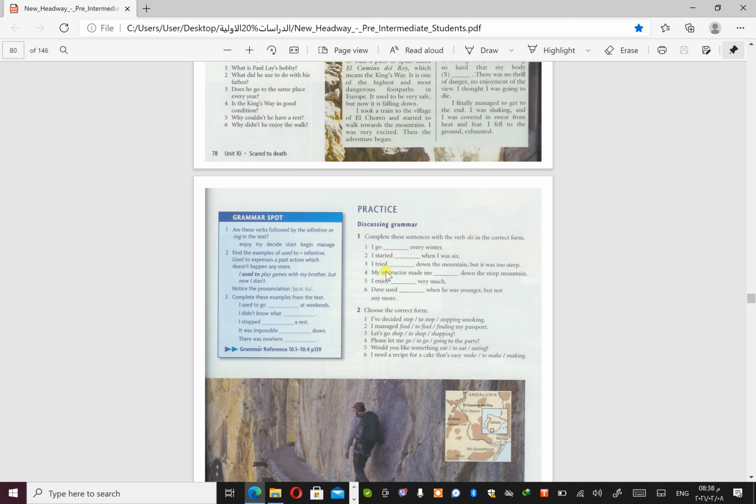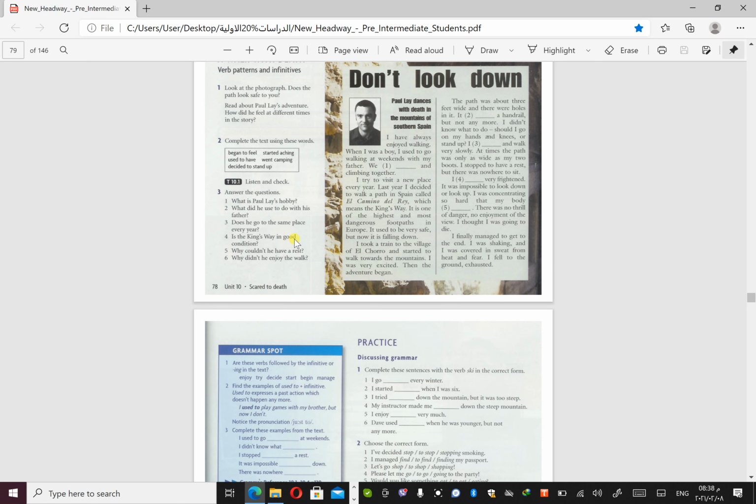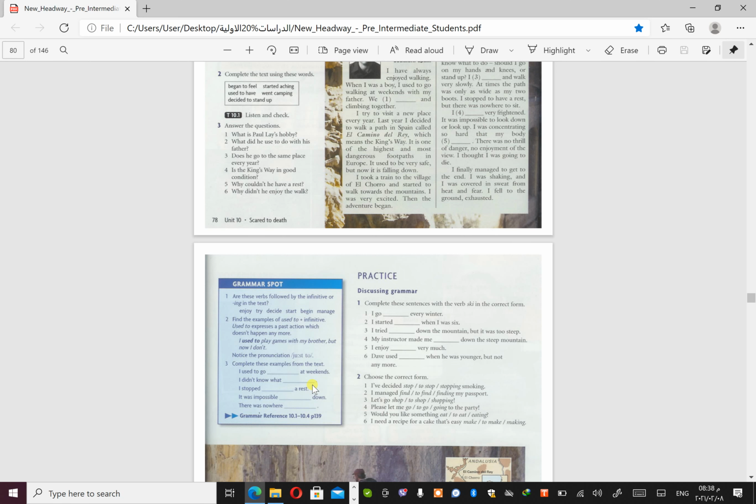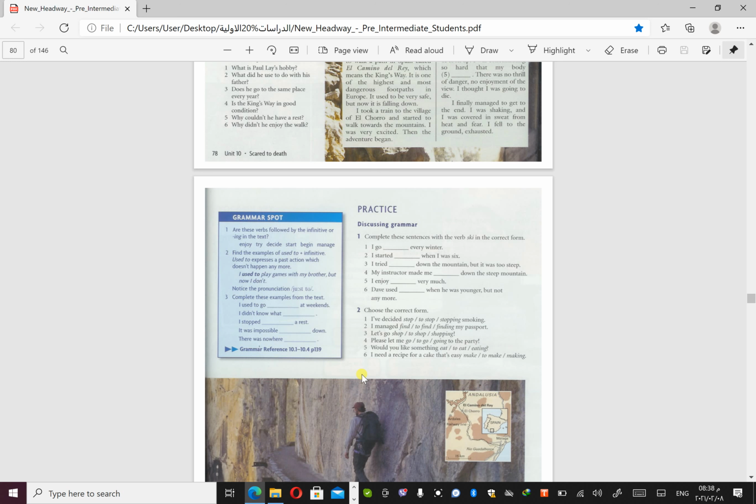And we have begin, which also takes to plus base verb. And manage also takes to plus base verb. So you have to memorize which of these verbs take -ing and which verbs take to plus base verb. So this is the difference.